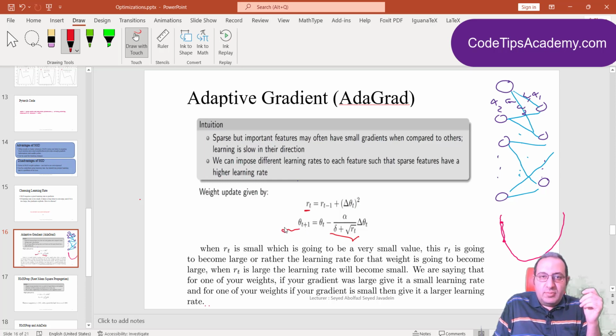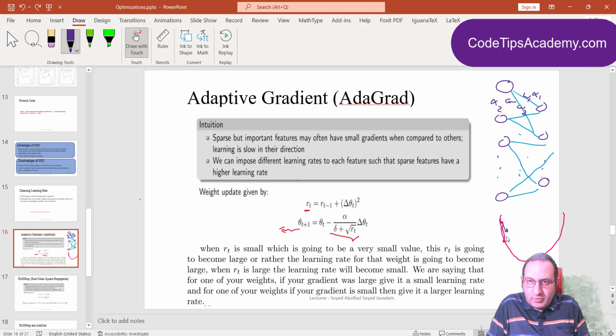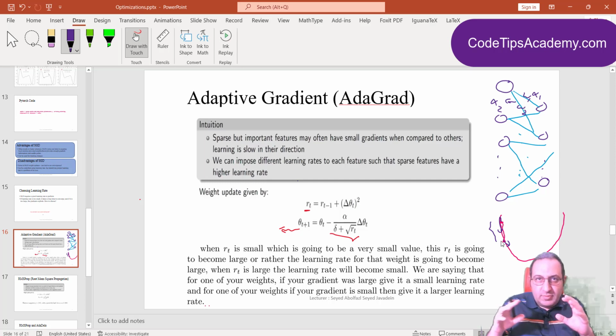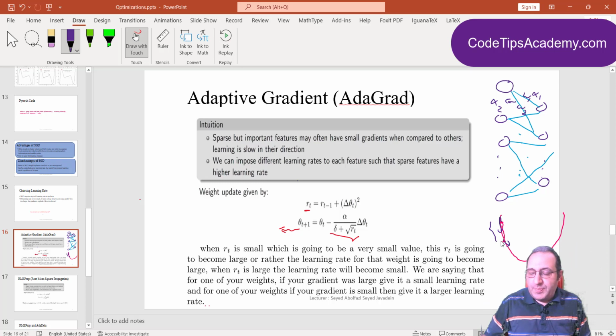For example, my previous weight was this, and here my previous weight is this, which we have a change in the weights from the previous step to this step. But what is alpha?